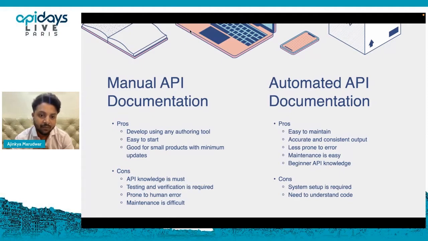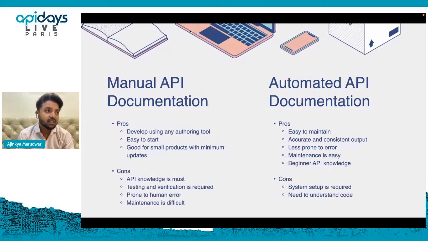So it is good for small products with minimum updates. And with manual API documentation, API knowledge is a must. Anyone, not only a beginner, should have the knowledge to test it, implement it, and fetch the information from the API. A new person will find it a bit difficult to start documenting it manually.